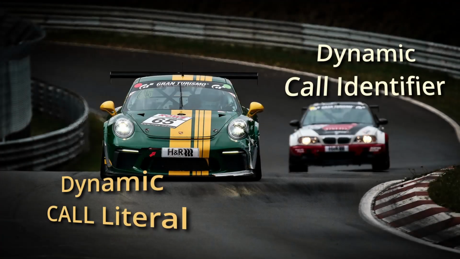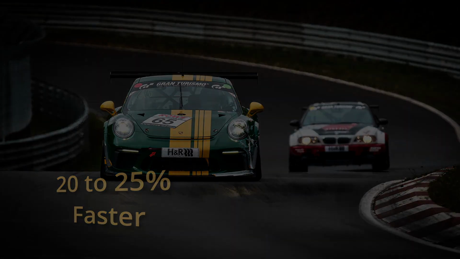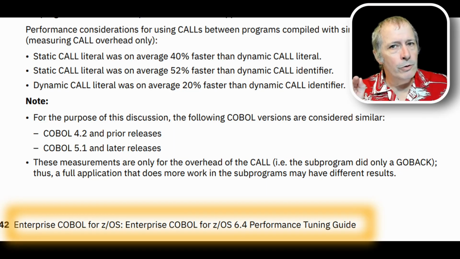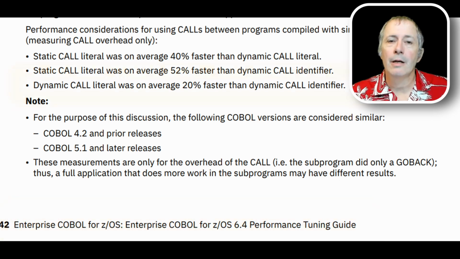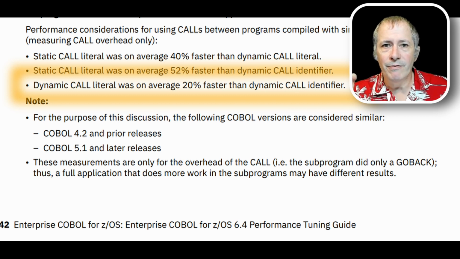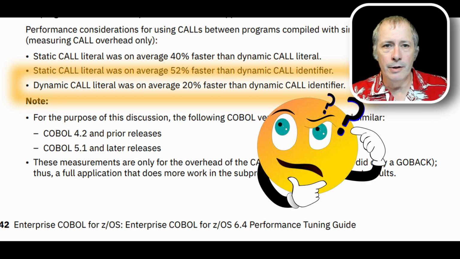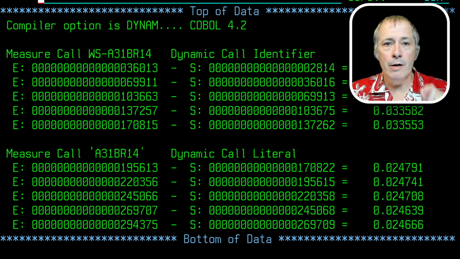For the bulk of my mainframe career, dynamic call literal has been 20 to 25% faster than dynamic call identifier. The Enterprise COBOL for z/OS 6.4 Performance Tuning Guide states dynamic call literal is on average 20% faster than dynamic call identifier. But that is not what I got for my very simple test.